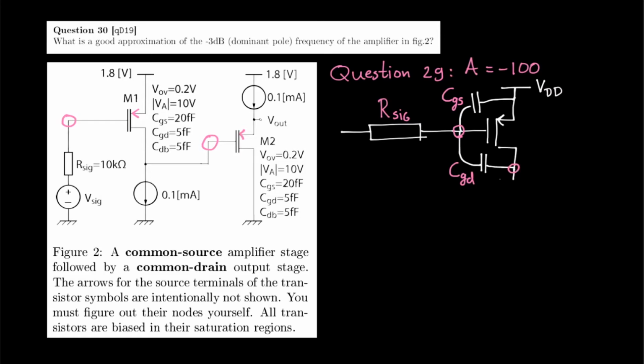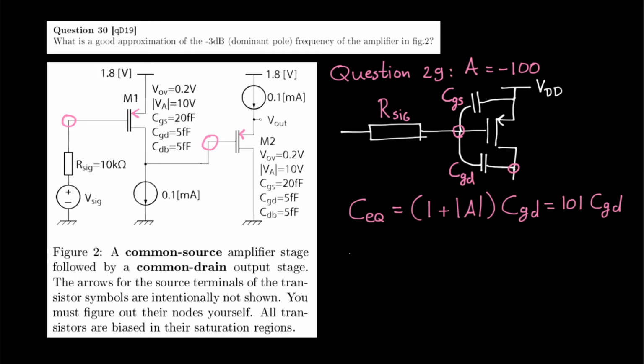stage 1. From the Miller effect, we know that the equivalent capacitance that we will see as an effect of this amplification is equal to 1 plus the absolute gain of our stage times the original capacitance. So that is 101 times CGD.